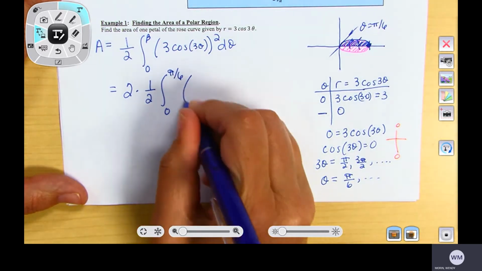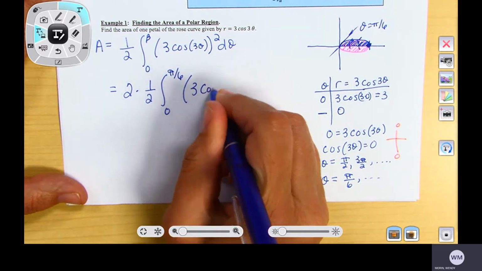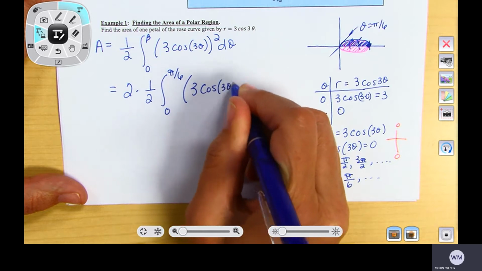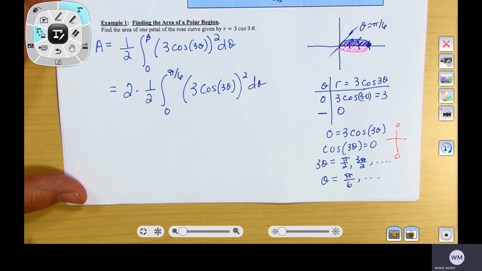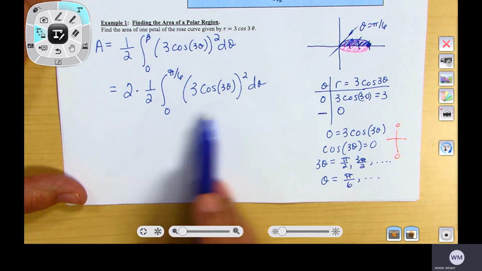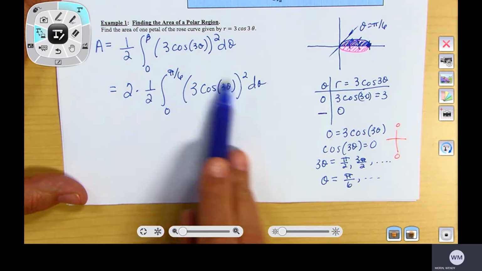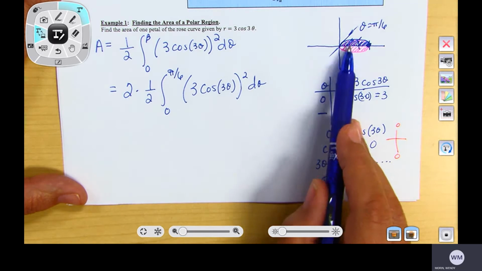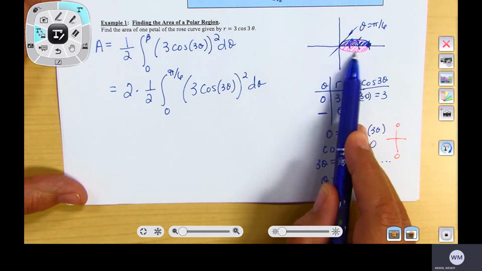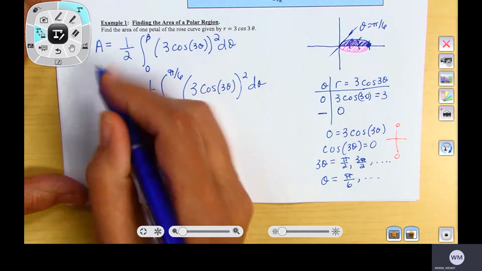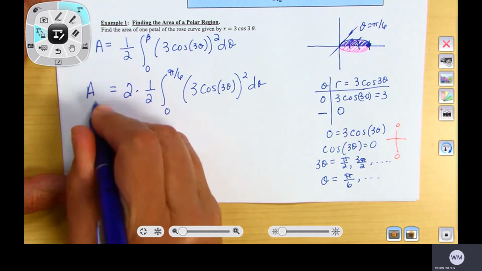If I integrate from 0 to pi over 6 of my r squared d theta, that is going to give me the area, because this right here will give me the area of the blue shaded. And if I double it, I know that that's going to give me the area of one petal.